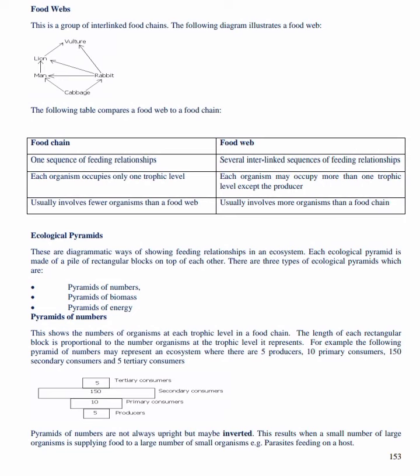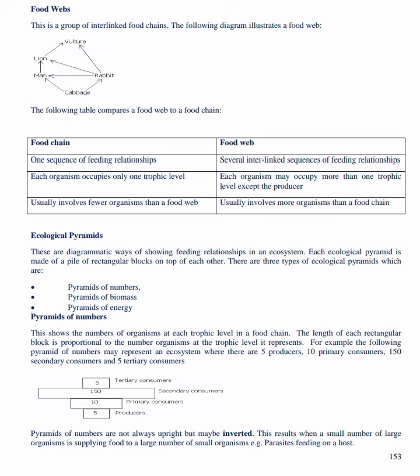I'll give you an example from that food web. On top, we've got cabbage being eaten by a man, eaten by a lion, then a lion being eaten by a vulture. On that one, a man is our primary consumer because he fed on cabbage.